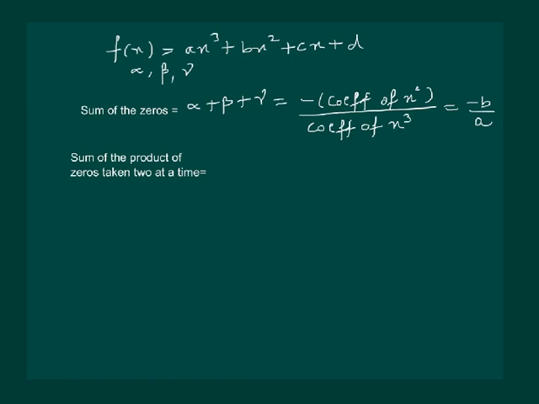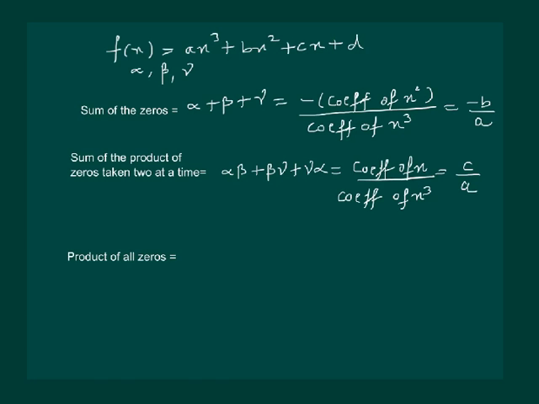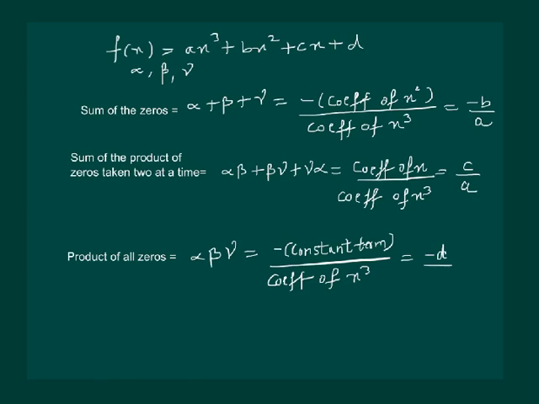The sum of the product of zeros taken two at a time, that is alpha into beta plus beta into gamma plus gamma into alpha, is equal to the coefficient of x by the coefficient of x cube, that is c by a. And the product of zeros, alpha into beta into gamma, is equal to minus the constant term by the coefficient of x cube, that is minus d by a.